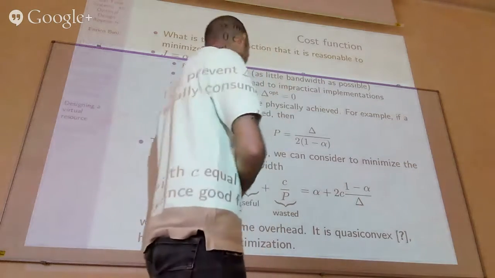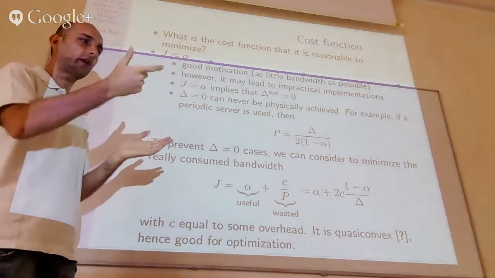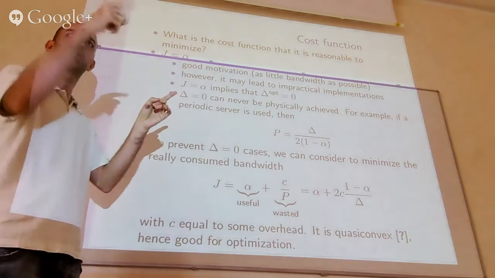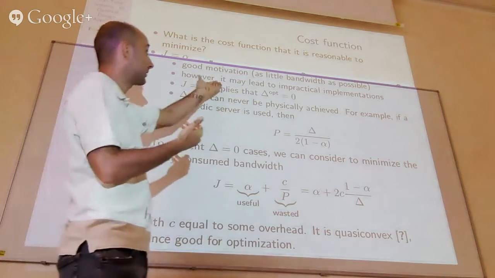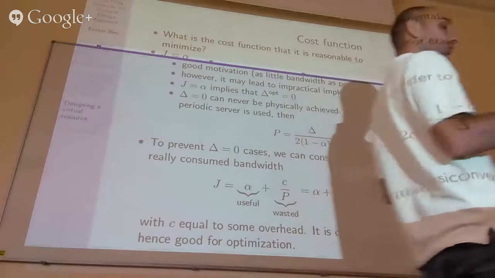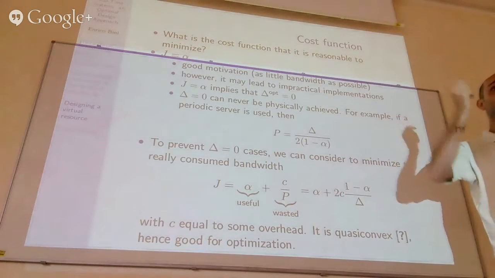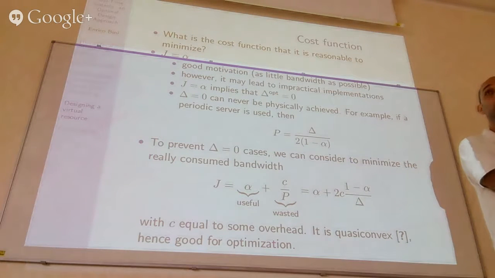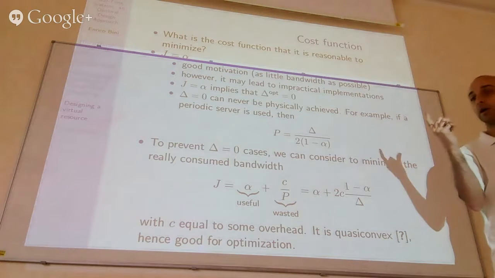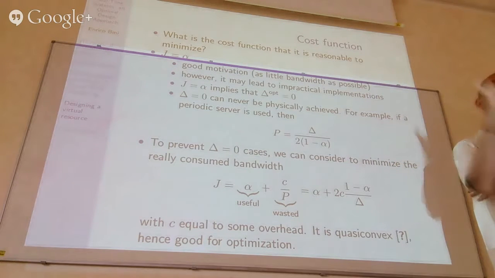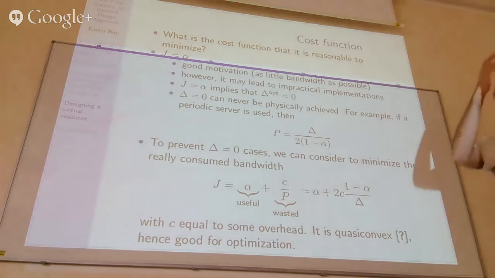Let's say that in the global scheduler mechanism, you have this server that implements a budget and a period. Why is the solution with period equal to 0 impractical? Because when you have a periodic server, you have some overhead that is consumed to run the server machinery. If the periods get smaller and smaller, the amount of bandwidth wasted in the overhead goes to infinity.